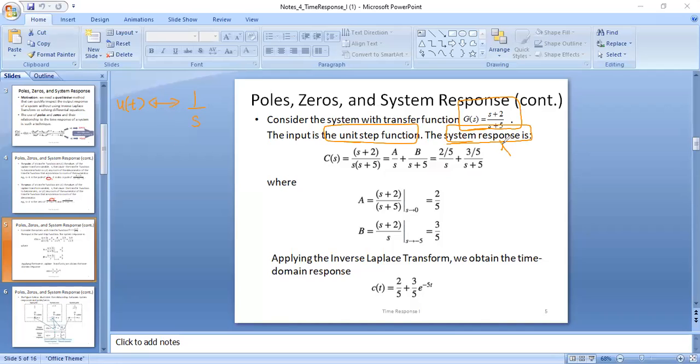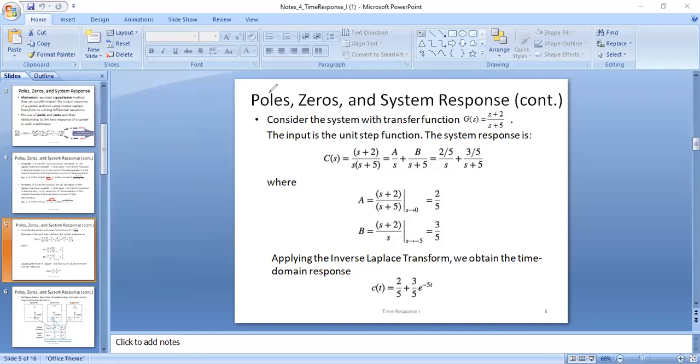Response is nothing but output. So you know R of S, you know G of S, you have to find C of S. C of S is nothing but R of S multiplied by G of S. So this will be S, S plus 2, S plus 5. Now this is nothing but partial fraction, very easy partial fraction. You can do it by yourself.